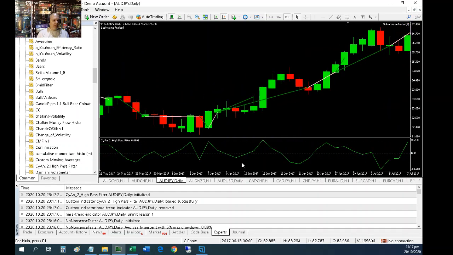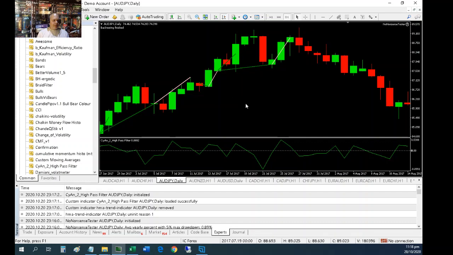Once the line crosses here, we can expect a trade to be entered long here. Once the signal line crosses the zero line here, or here, then we can expect the tester to enter a short trade on this candle right here.